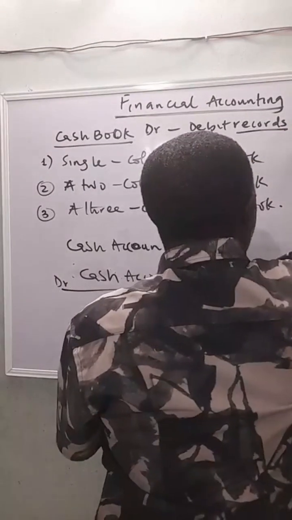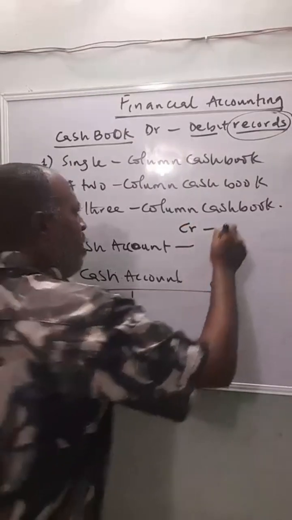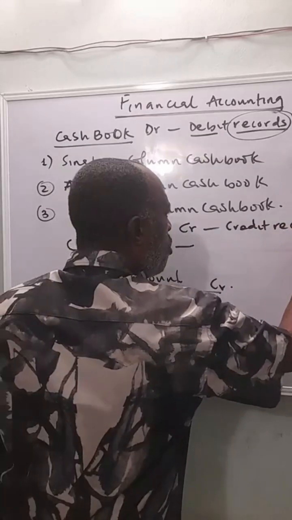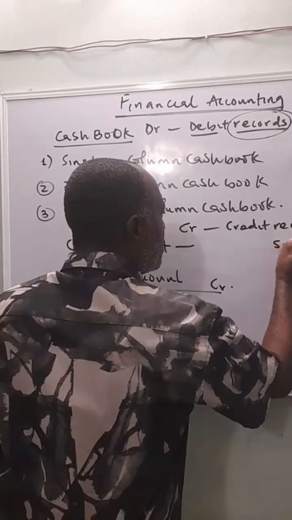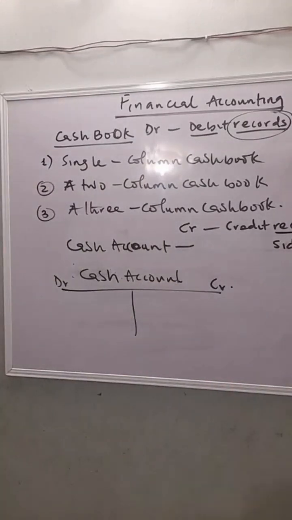That's why we say debit side; we omit the records. And that CR simply means credit records side. In most cases, we take the word records off.